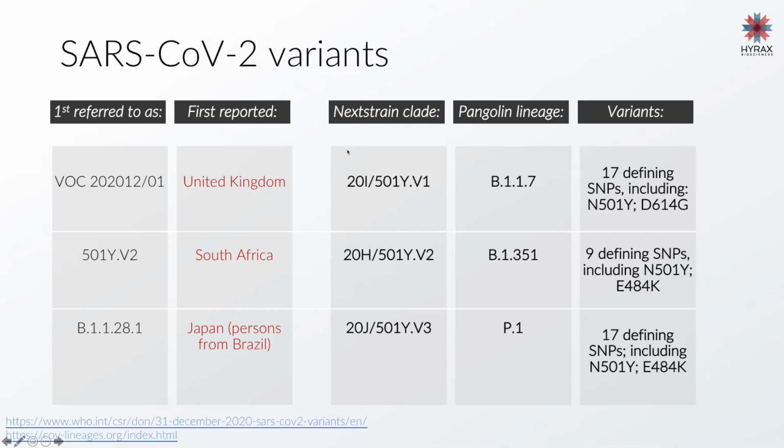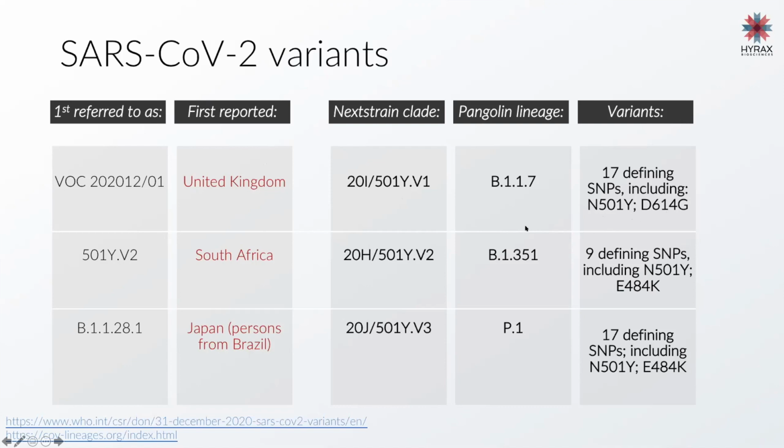So for the sequences first identified in the United Kingdom, which is now commonly referred to as B.1.1.7, it has the associated Nextstrain clade 20I/501Y.V1. And of the 17 defining mutations, I've just highlighted N501Y over here, which confers a stronger binding affinity to ACE2. And then D614G, which I mentioned before.